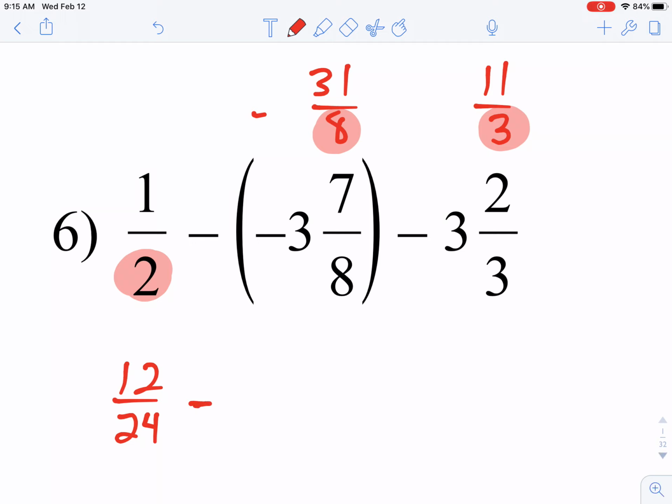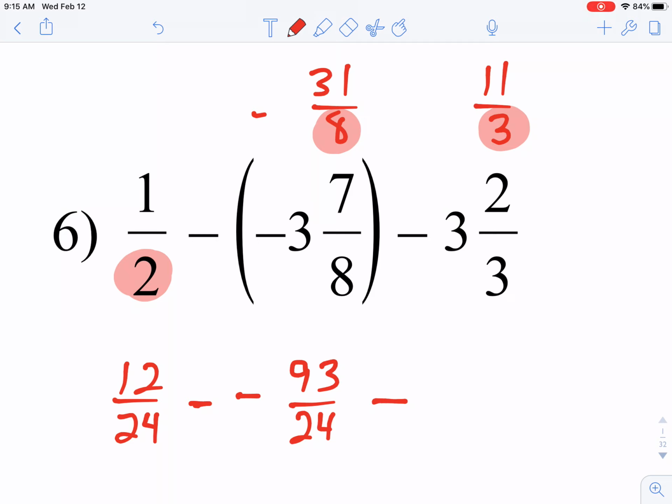Bring your minus sign over. We want to change negative 31 over 8 to have a denominator of 24, so it's going to stay negative. 3 times 8 is 24, but we also have to do 3 times 31, which is 93. Then we bring down our minus sign.